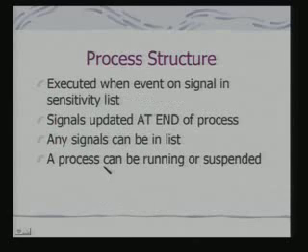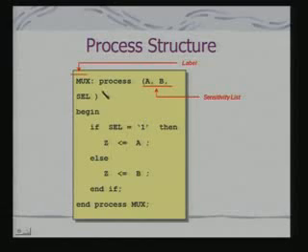The process structure is executed when an event on a signal in the sensitivity list occurs, and signals are updated at the end of the process. Any signals can be in the list, and the process can be running or suspended depending on the case. If you look here, this is a process structure, and this marks a label.